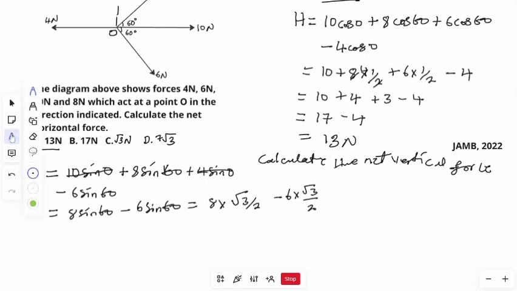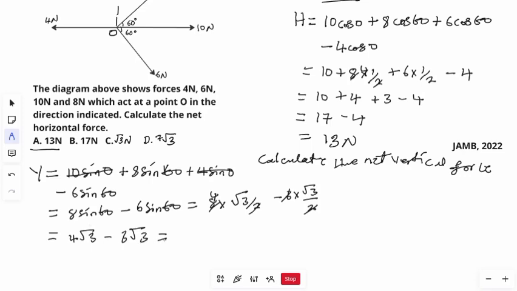So this will equal, cancel that 2 with the 8, you now have 4 root 3 minus, cancel that 2, 3 root 3.